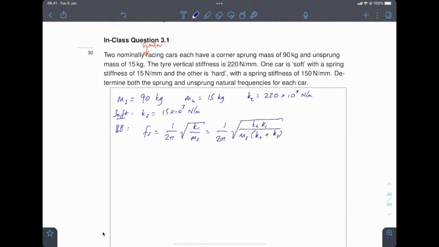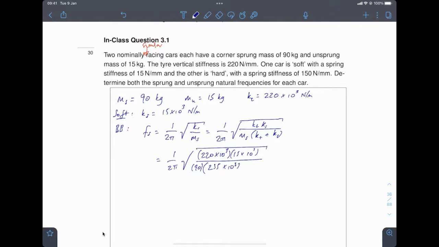So we just plug the numbers in: 1 over 2 pi, 220 times 10 to the 3, 15 times 10 to the 3, over MS, so that's 90 kilograms, and that's over 235 times 10 to the 3.